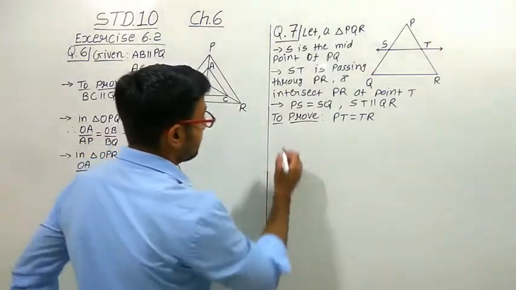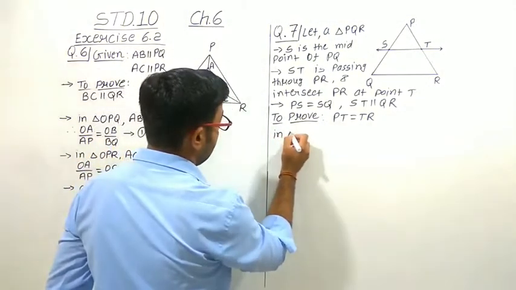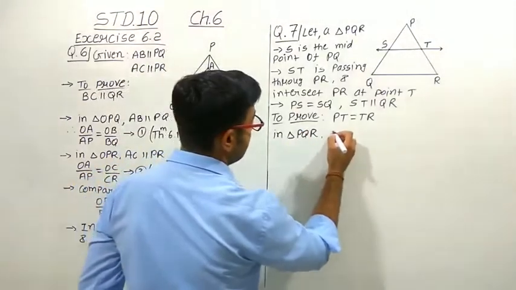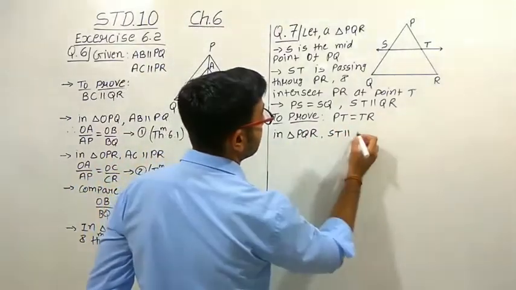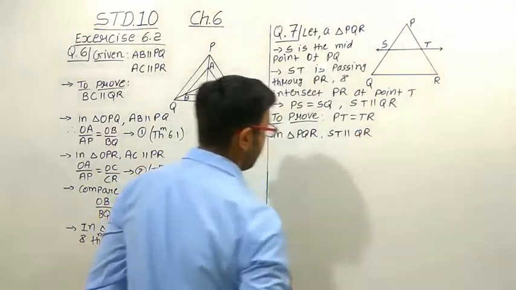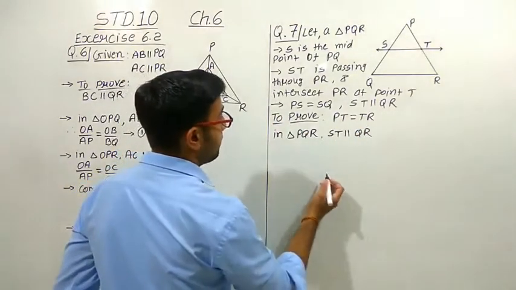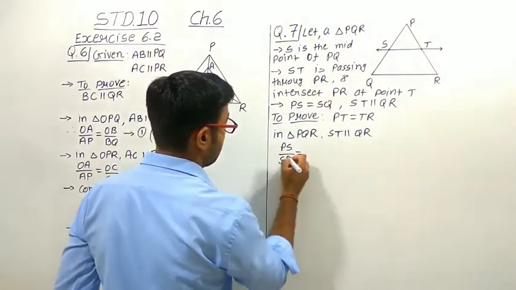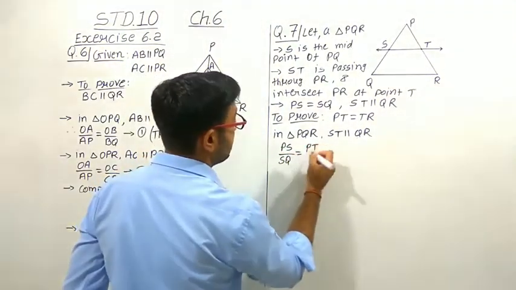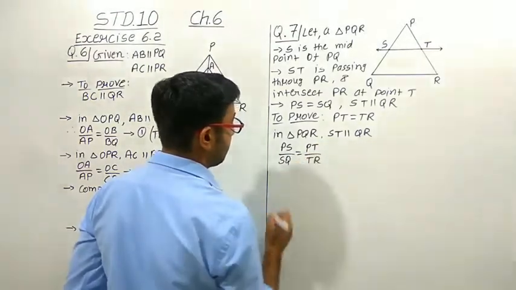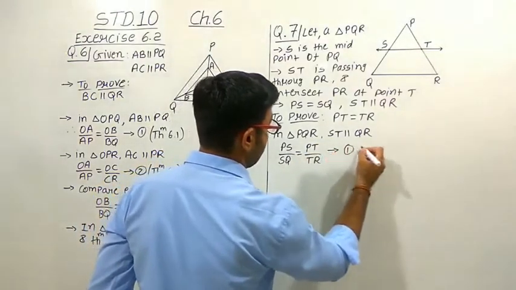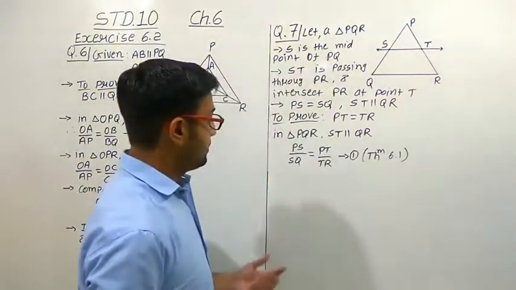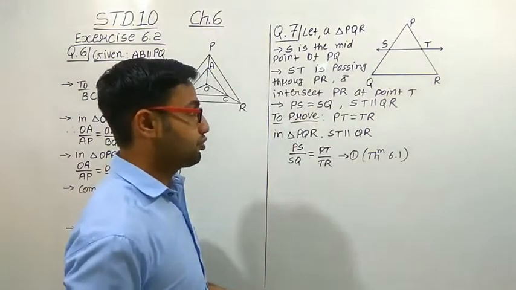So here we can say that in triangle PQR, ST is parallel to QR, so according to theorem 6.1, we can write that PS upon SQ is equal to PT upon TR. Give it equation number 1. According to theorem 6.1, these are the sides which are in proportion.